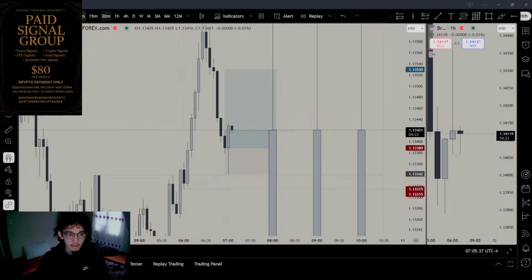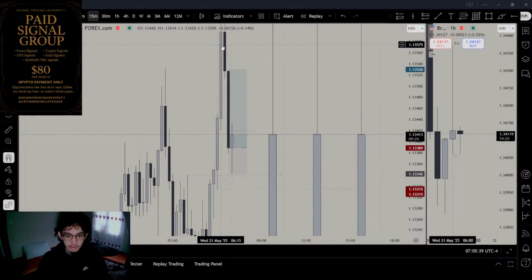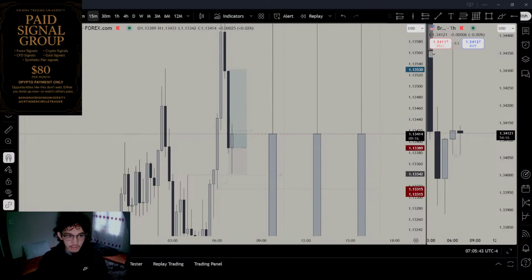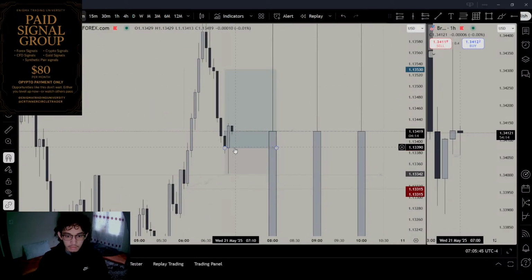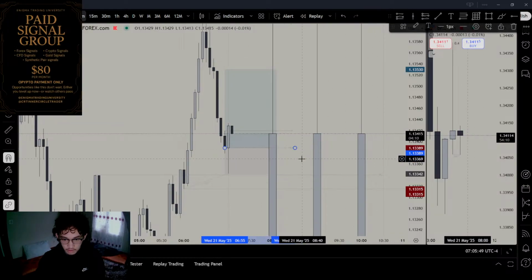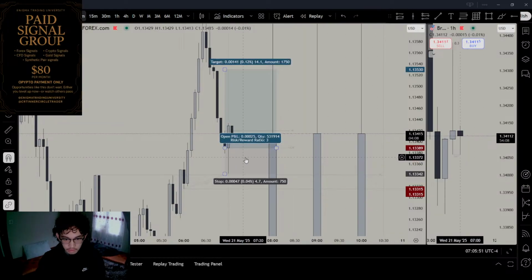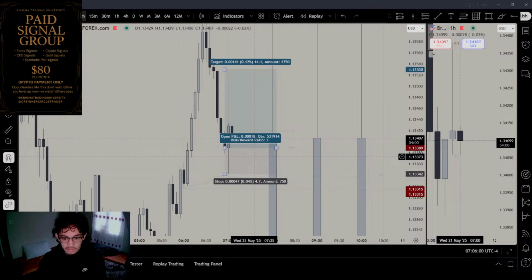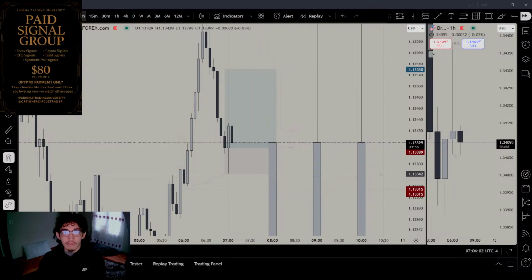We have a 15-minute expansion, then a retracement. We're going to have this candle close bullish, then another expansion here. So I'm looking for this candle to get tapped, but it hit the resistance block, which is going to be a 4.7 pip stop loss.